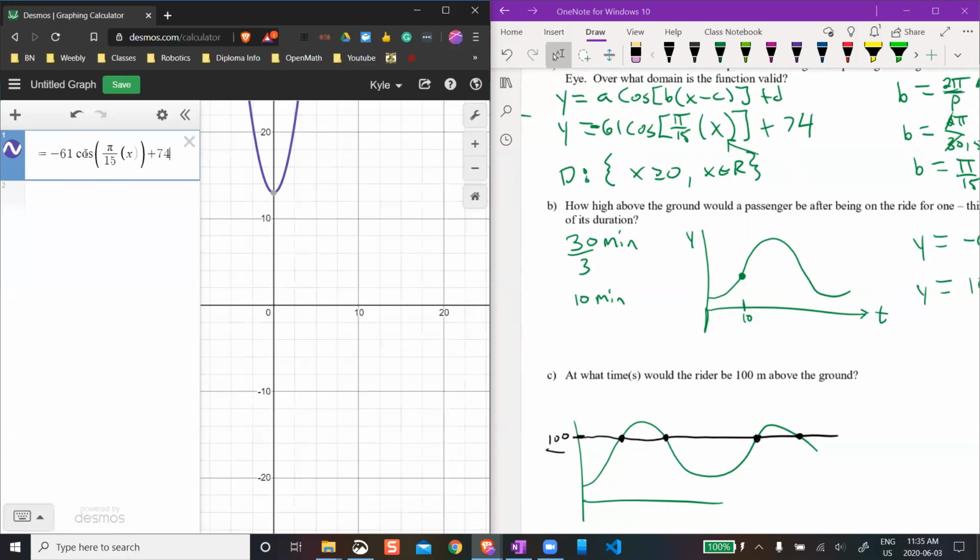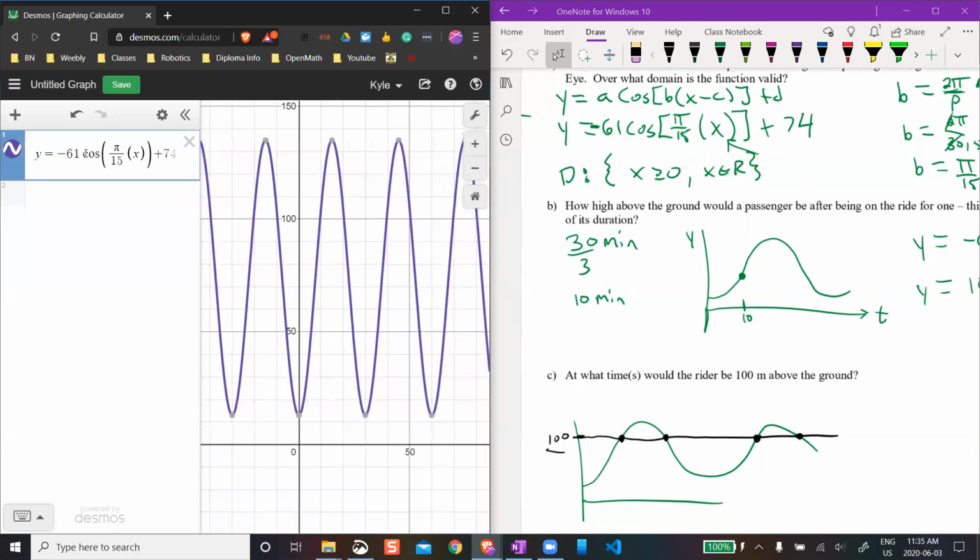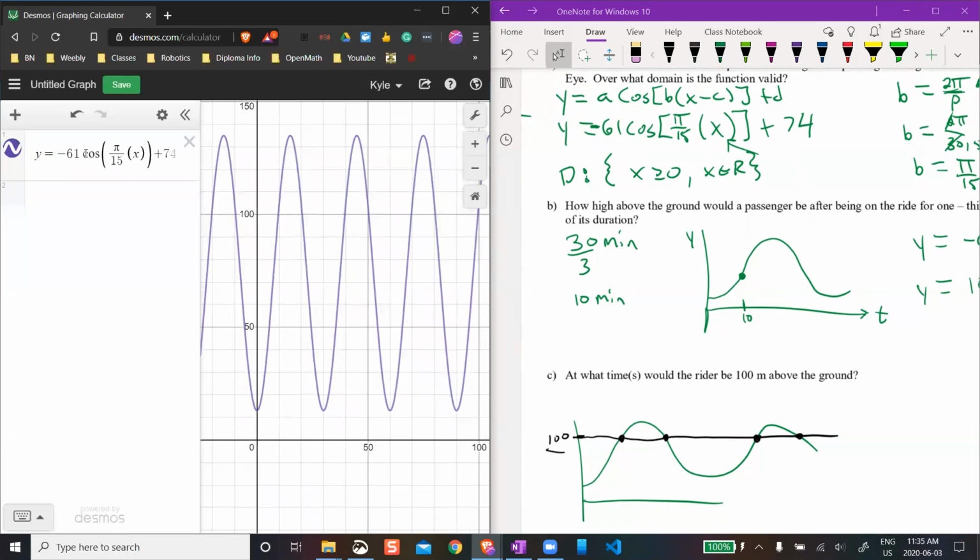So there's my graph. I'm only seeing the bottom of the one part here, so I kind of have to zoom out a bit. So there's my graph I'm looking at here. Now the second part, it's at 100, so where does it cross here? So I'm going to make one more function, y equals 100. Okay, so there we go.